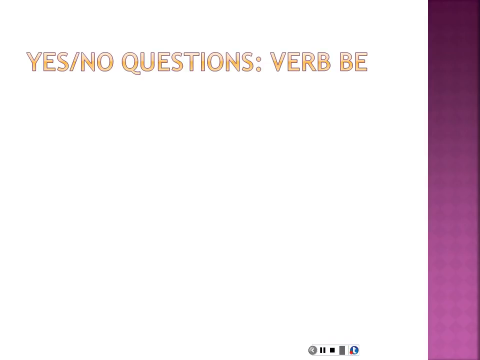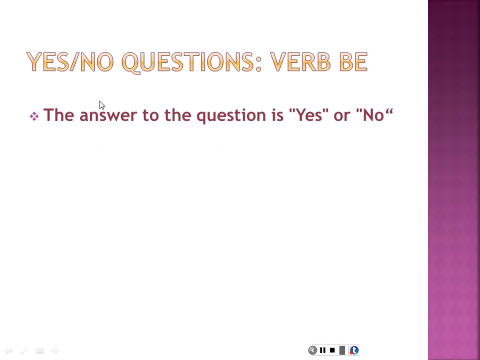Let's see together. So the answer to the question is yes or no, so it should start with yes or no. Here we have a sentence, and this sentence has a verb be. Sam is a student.